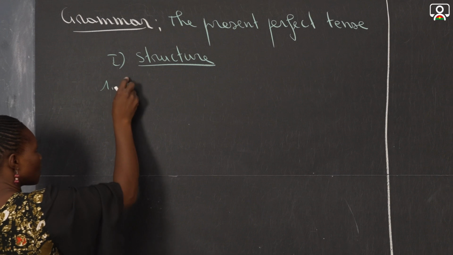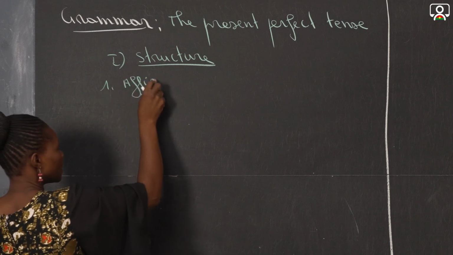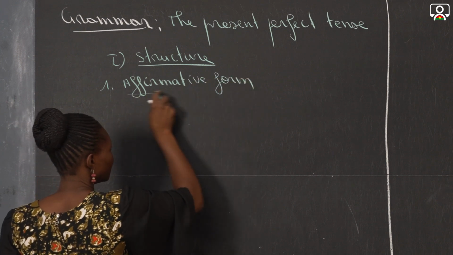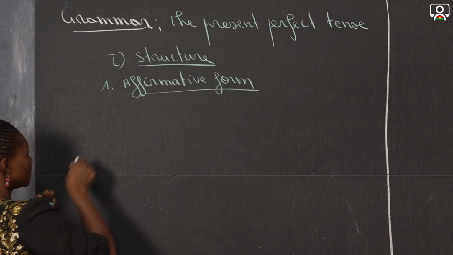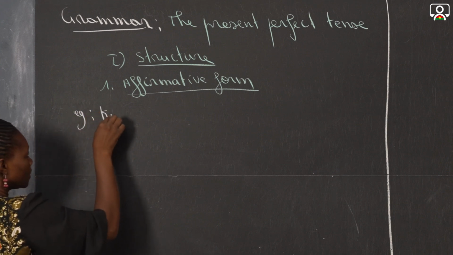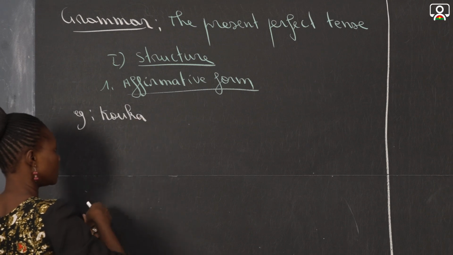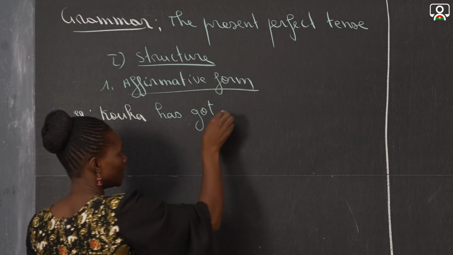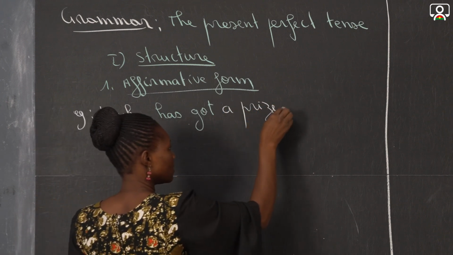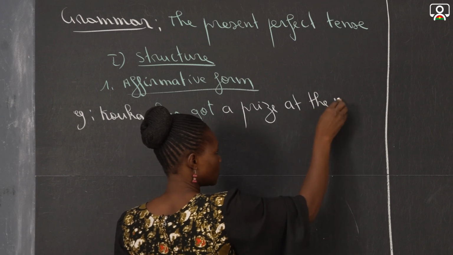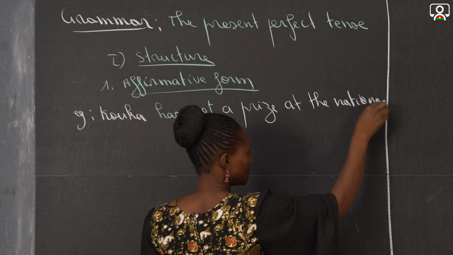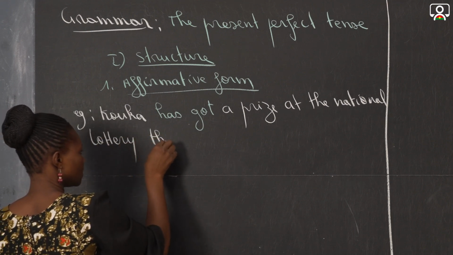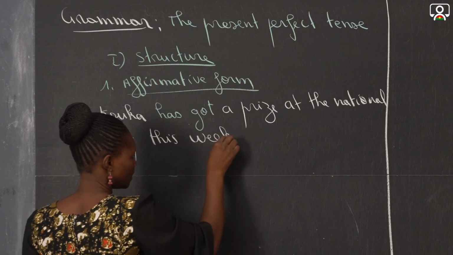We are going to begin with the affirmative form. An example: Kuka has got a prize at the National Lottery this week.